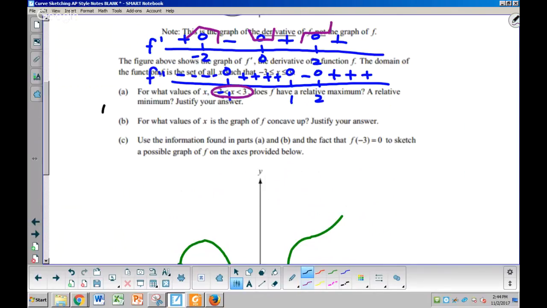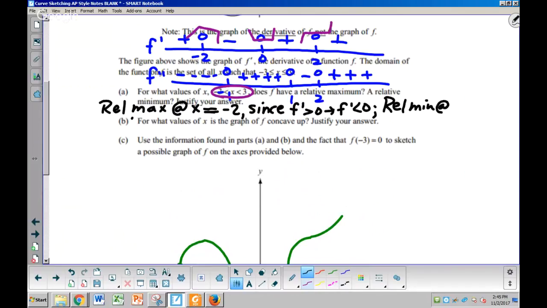So I would say relative max at x equals -2, since f prime goes from greater than 0 to less than 0. And then we have a relative min at x equals 0, since f prime goes from less than 0 to greater than 0.